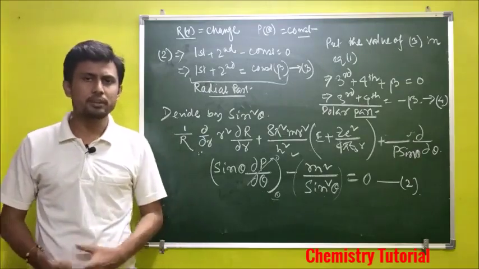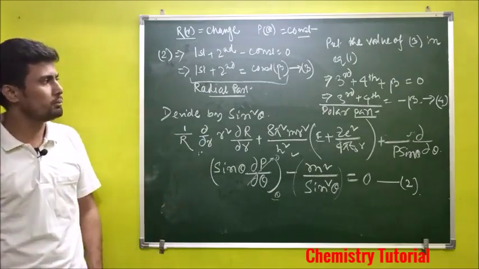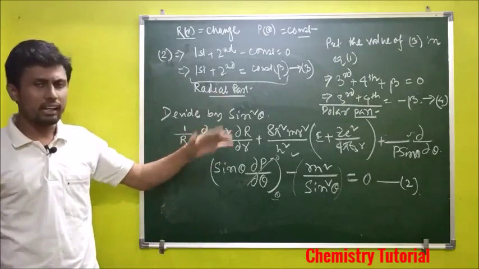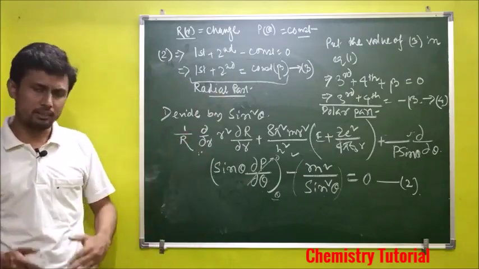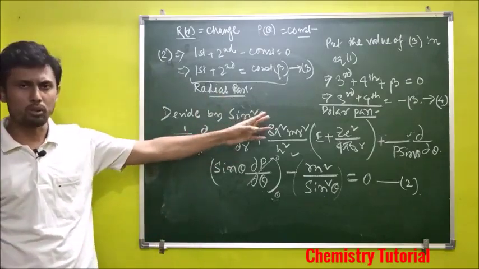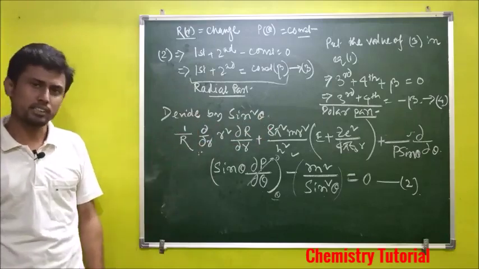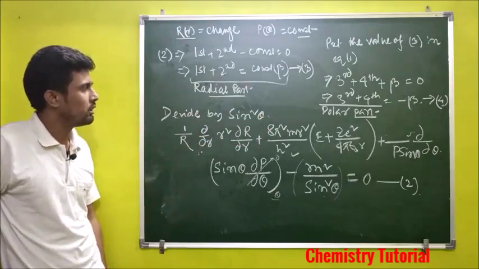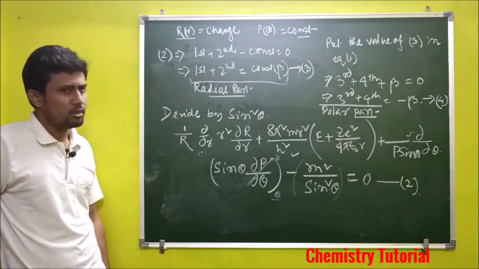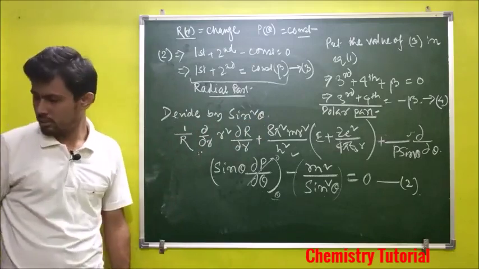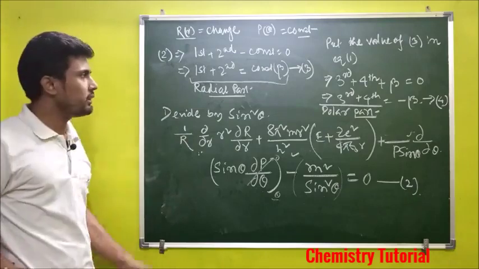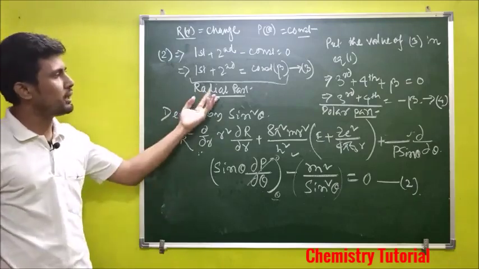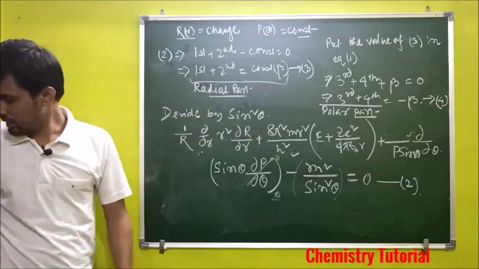In the next video, we will discuss the solution of the radial part, and separately in different videos we will discuss the solution of the polar part and the azimuthal part. So I am writing all the equations: what is the radial part, what is the polar part and the azimuthal part.